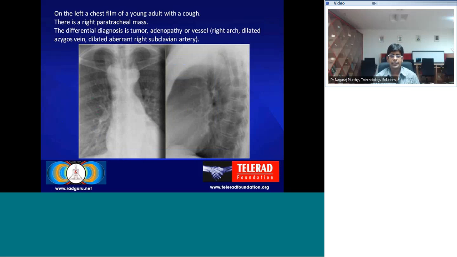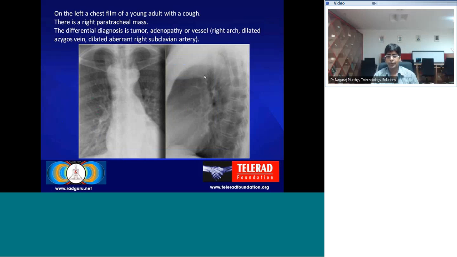This is another radiograph showing the double aortic arch. This is left arch. This is the right arch, higher, appears as a paratracheal mass. The other differentials include tumor, adenopathy, or vessels like right arch, dilated azygos vein, or dilated aberrant right subclavian artery.